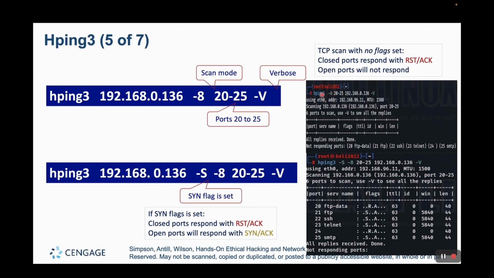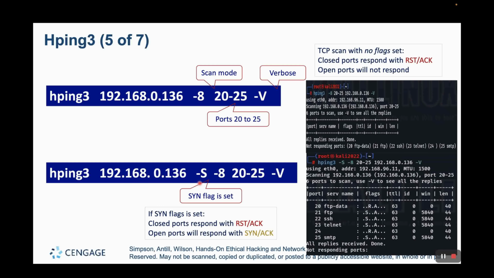Now, how will hping react? We use a TCP scan with no flags set. If you don't set any flags, like here I set flags, a closed port responds with reset acknowledge. Open ports will not respond. Now, in this example, I'm using the IP, I'm using the SYN flag.